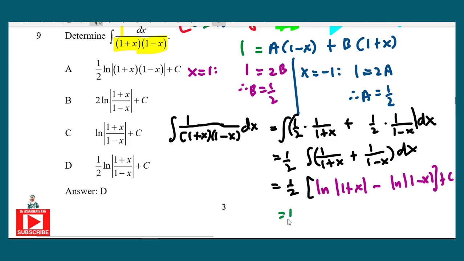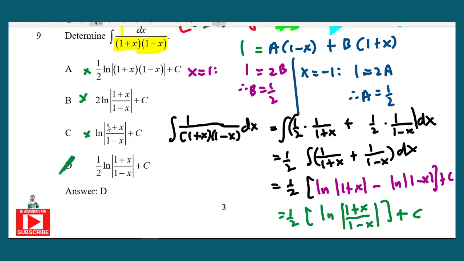Okay, 1 over 2 ln of (1 plus x) over (1 minus x). Okay, this one uses the second law of log, plus. Okay, this option. No, not half. So that is it.